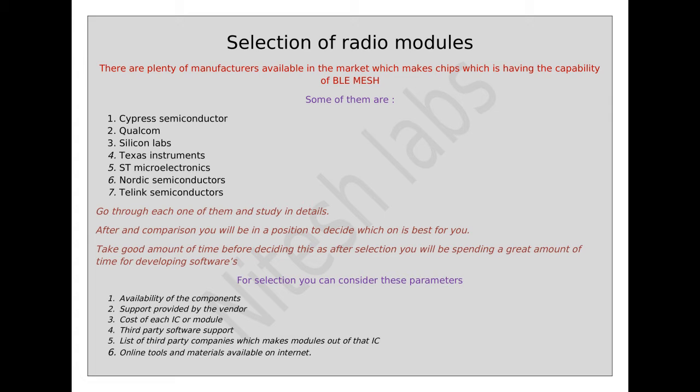Go through each one of them and study in detail. After the comparison, you will be in a position to decide which one is best for you. Take a good amount of time before deciding this, as after selection you will be spending a great amount of time developing the software and applications.